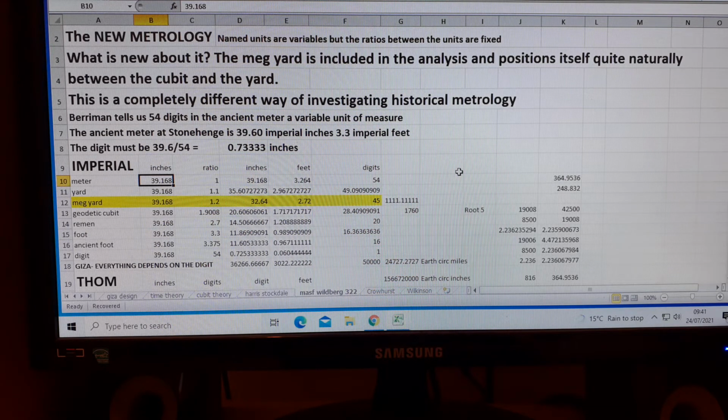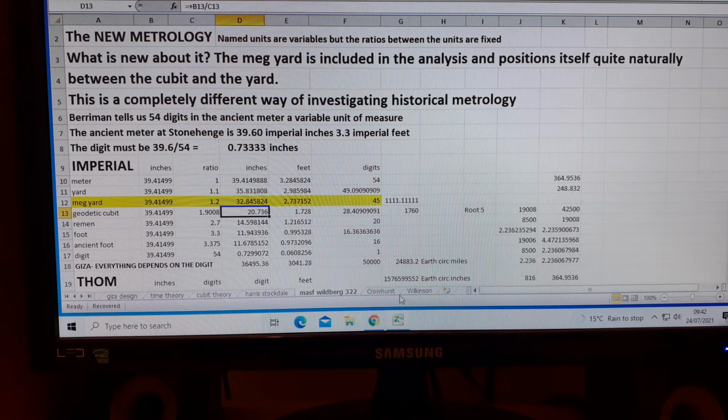So we choose this cell here and we put divided by 25. That's the Earth's circumference, base 100. And that's the Earth's circumference using the base 12 cubit. And there is the base 12 cubit, the geodetic cubit, 20.736. Another question answered.